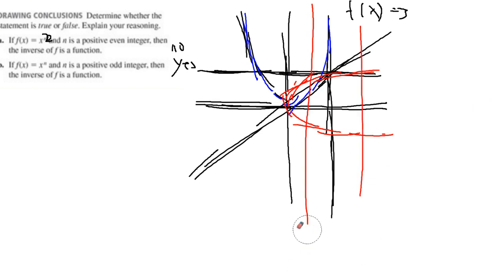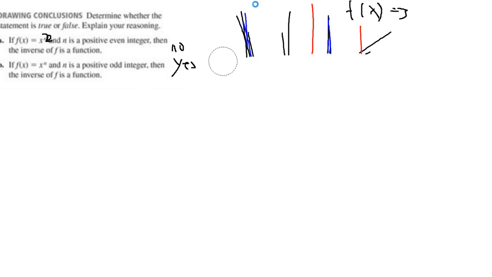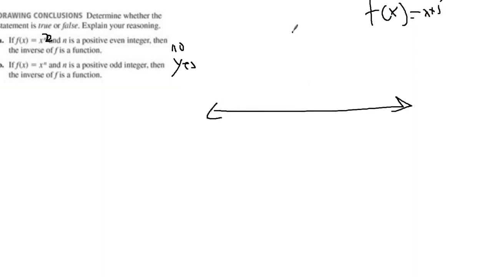Whereas, okay, we're going to do an odd function now. f(x) equal to x plus 5. Now we can graph our function. It will probably be something like this.